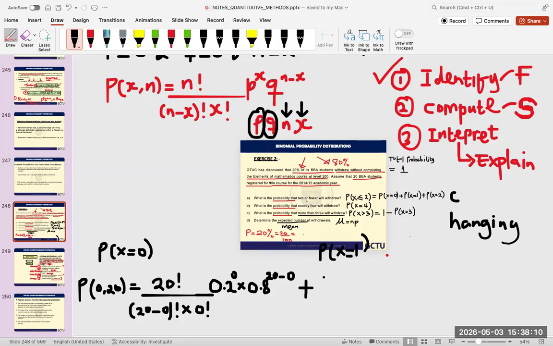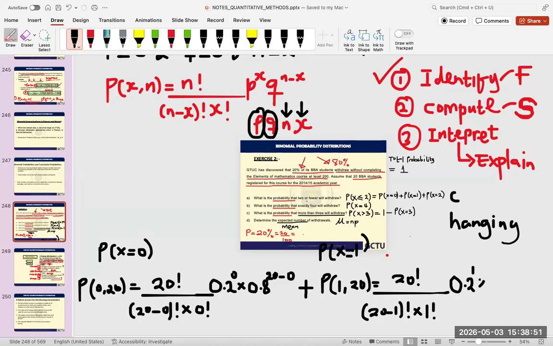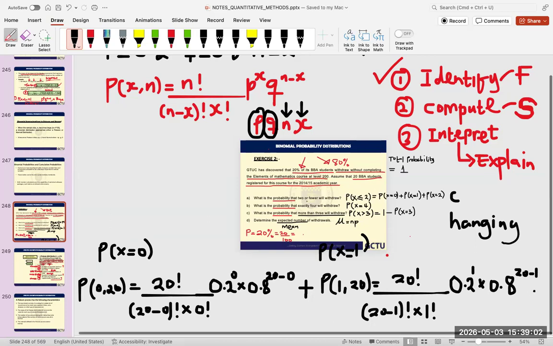So we have probability of 1 and 20 is equal to 20 factorial divided by 20 minus 1 factorial multiplied by 1 factorial multiplied by 0.2 raised to the power 1 multiplied by 0.8 to the power 20 minus 1, plus the third one.